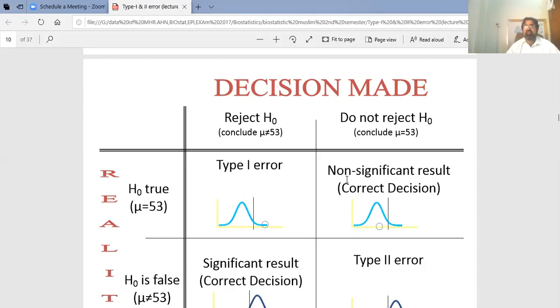When the result was non-significant, it was the correct decision not to reject the null hypothesis, and mu was really equal to 53.